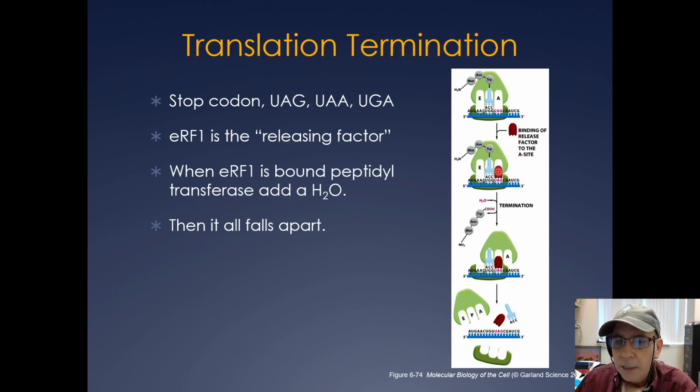And when it hits a stop codon and there's no tRNA to come in, the releasing factor binds to that, and instead of adding an amino acid, a water molecule gets added to the carboxyl end of the polypeptide, and that releases it from the peptidyl tRNA, and then all of a sudden everything just falls apart. Okay, and termination is done and the protein is released.